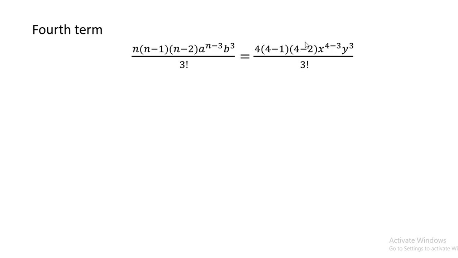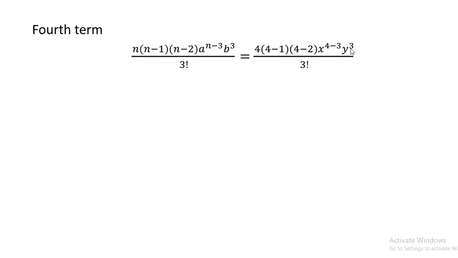See, now 4 minus 1, 4 minus 2, x, 4 minus 3. Earlier we did 4 minus 2, now 4 minus 3, y cube upon 3 factorial.